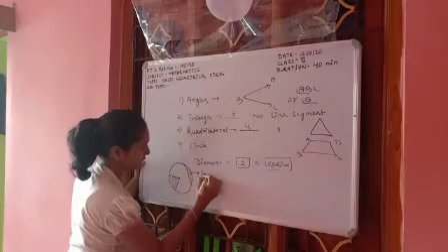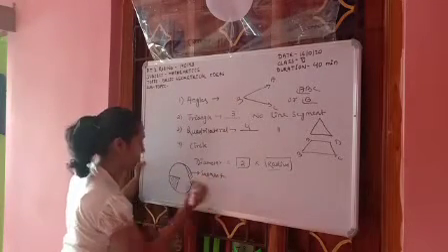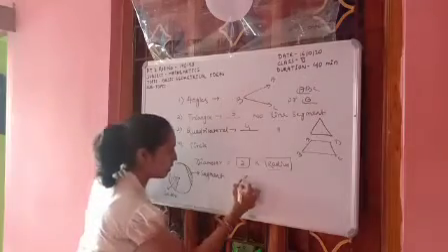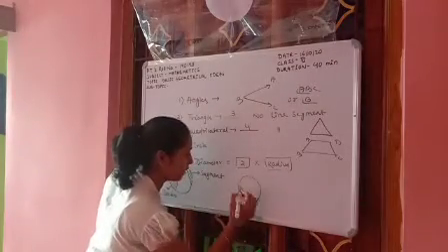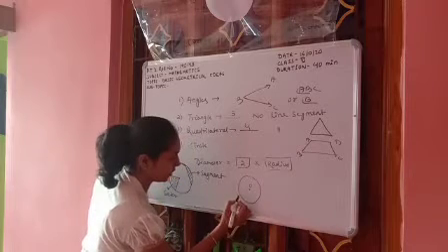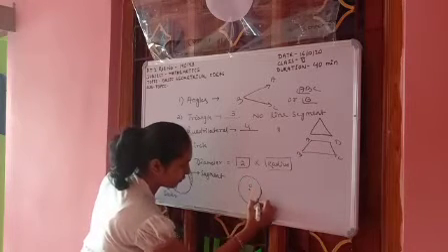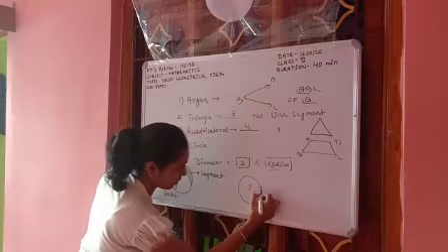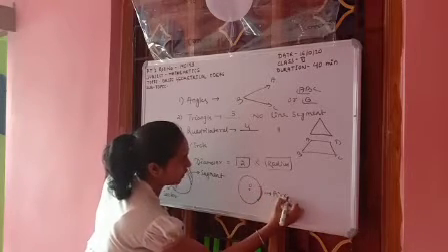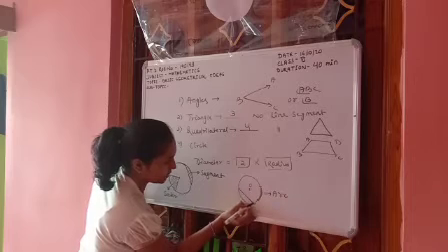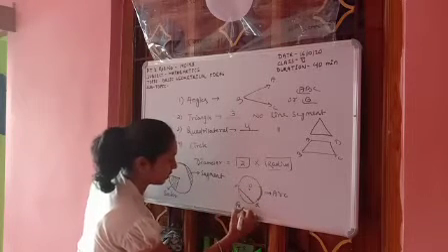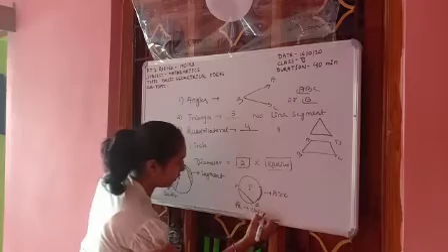This is the segment and this is the sector. Here is the circle. Here is the center. From here to here, this part is the arc. Very good. And this is the line segment PQ. PQ is the chord. Very good.